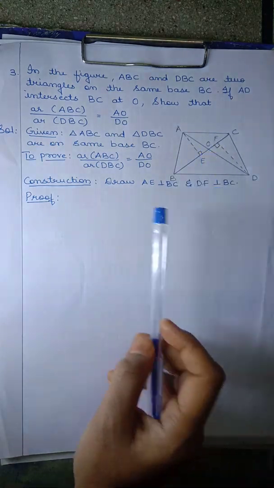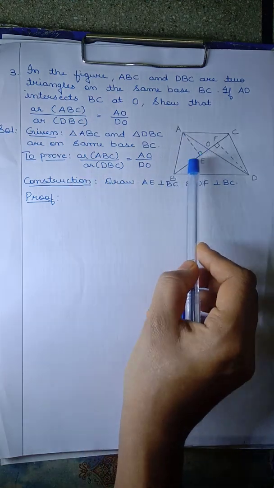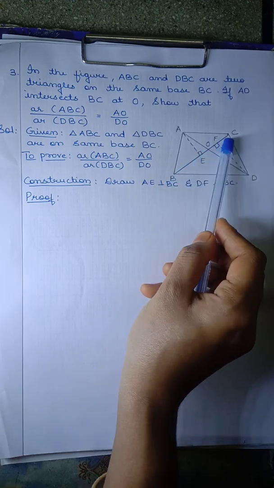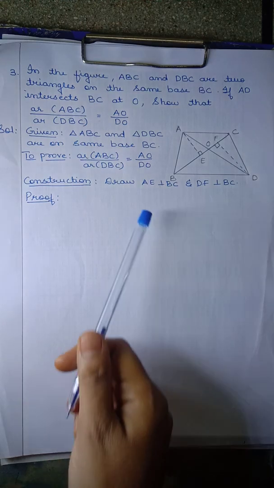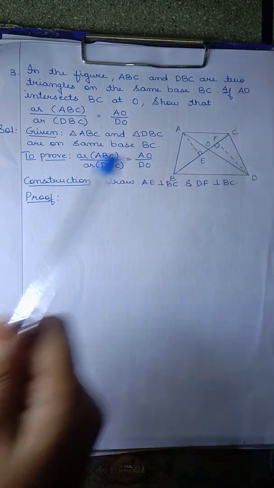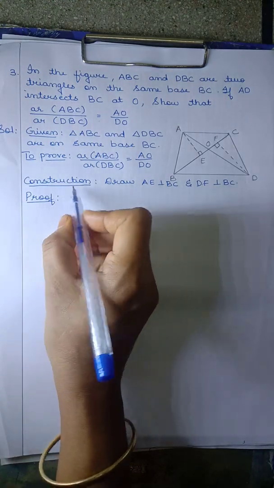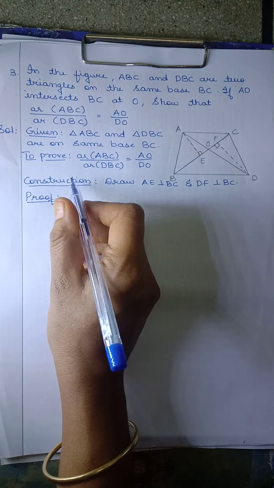So for this we have to do the construction, that is draw AE perpendicular to BC and draw DF perpendicular to BC. Okay, so we are going to take the areas of the two triangles, that is half base into height we are going to use. So we have drawn the construction, that is AE perpendicular to BC and DF perpendicular to BC children. Okay, so firstly let's write area of the two triangles.